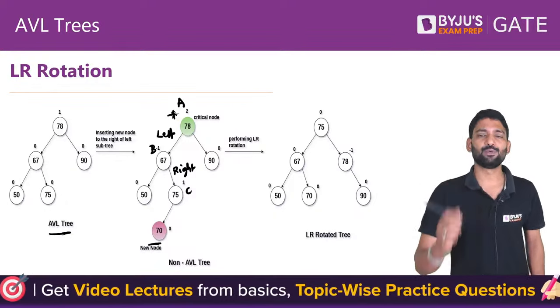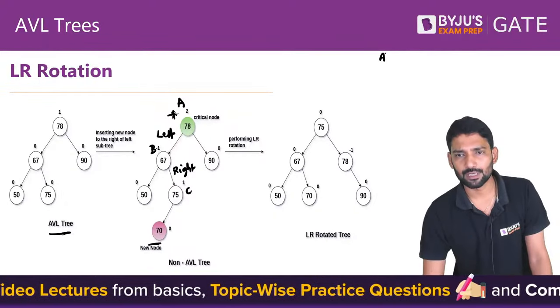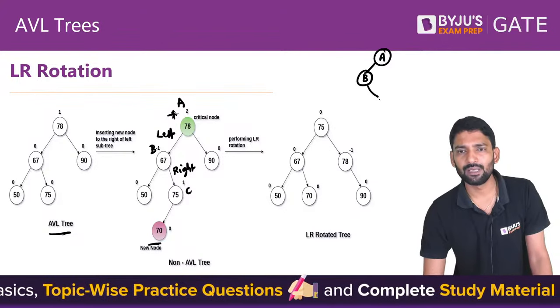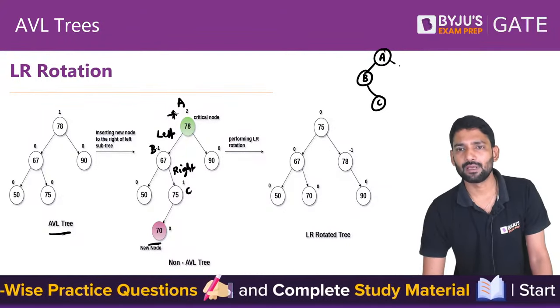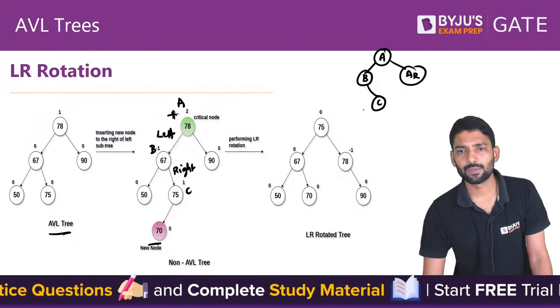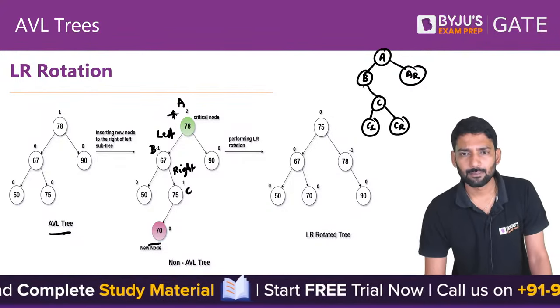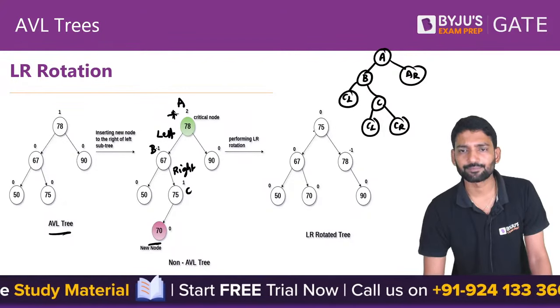Now, whenever you do LR rotation, A's left there is B node, B's right is C, A has some right subtree, C has some left and right subtrees, B has some left subtree.